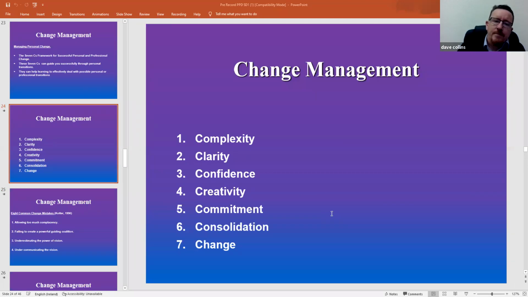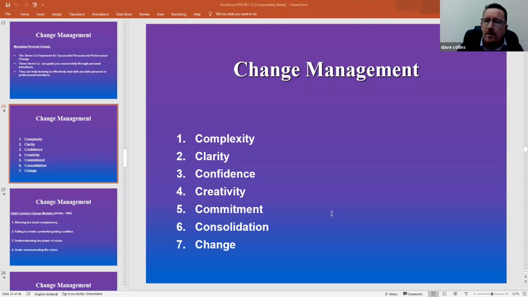Complexity. What do you say about that? I suppose, when you're talking about personal and professional, how complex is your personal and professional life, career at the moment? Do you have any clarity? Do you know where you want to be? Do you have the confidence to go on to the change?